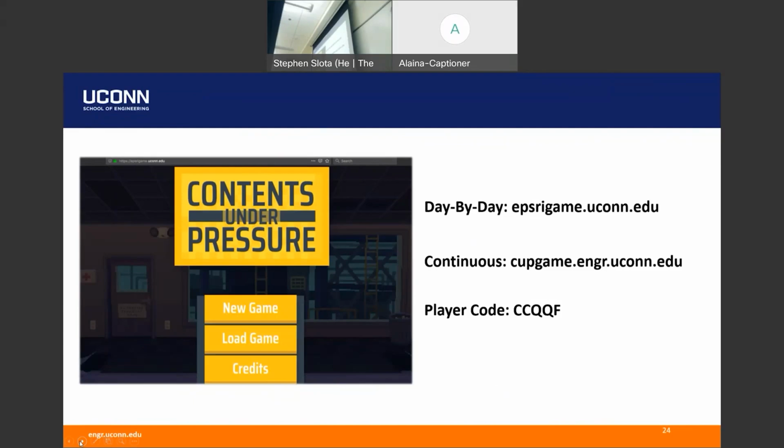You'll go in and it'll ask you some questions like, do you consent to using your data for research? Please say no, so it doesn't get mixed in with our data. You can use whatever you want for your login or player name. And then it'll ask you for a teacher code or an access code, and the one you can use is CCQQF, and that will give you access to the game.